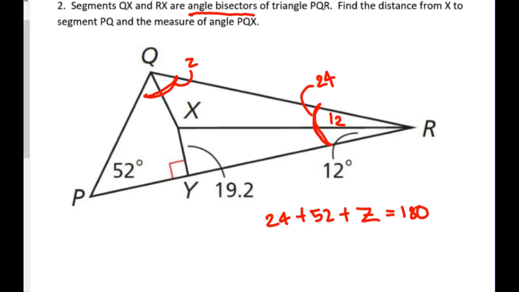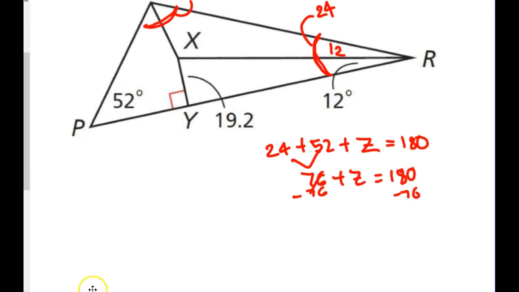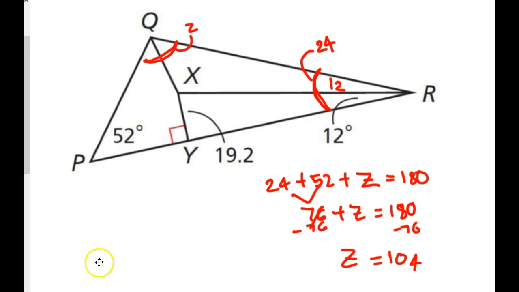We'll combine like terms. So 76 plus Z equals 180. And then we get rid of our 76, and we get Z equals 104.